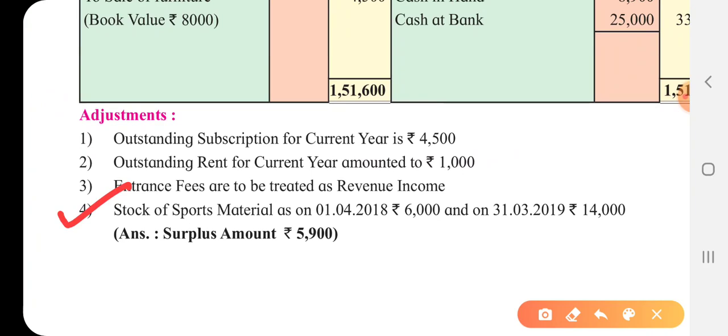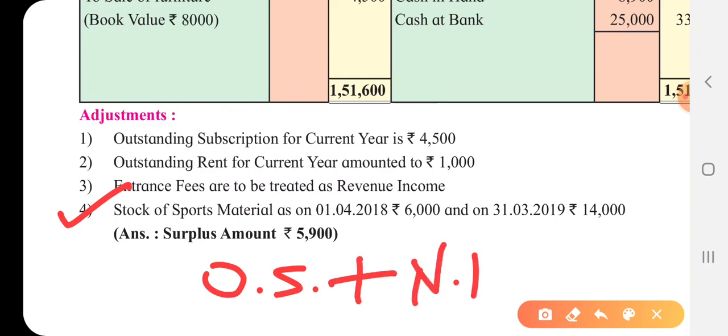Last year's remaining sports material must have been used in this year. So opening stock of sports material plus new purchases minus closing stock, then we will get the exact amount of the sports material used this year.